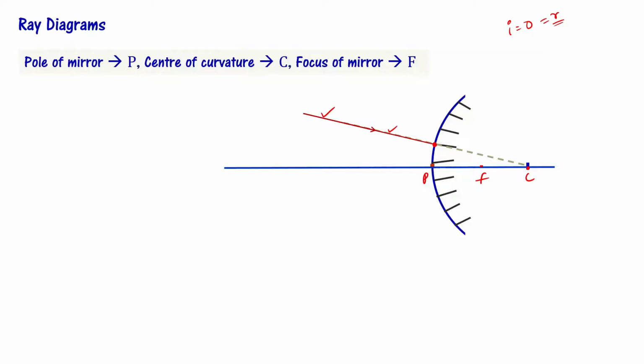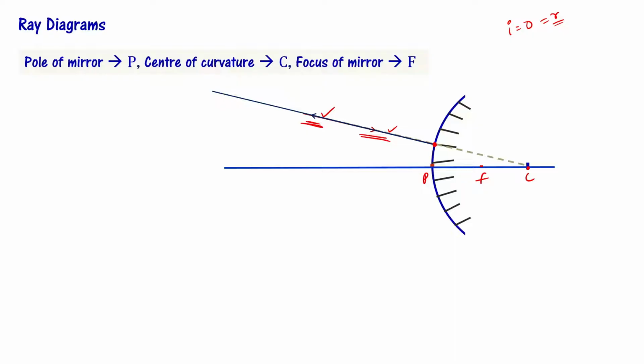So let's draw the reflected ray. The reflected ray is going to pass through the same line. You see, where the red line is, the blue line is also there, right? The red line has an arrow this way, the blue line has an arrow in the opposite direction. That is the only difference.